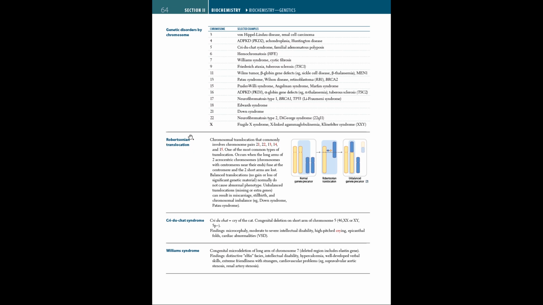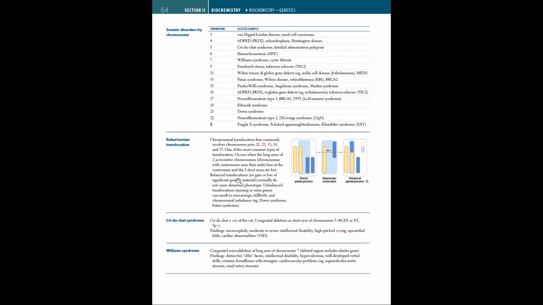Next, we have Robertsonian translocation, and this is the chromosome translocation that commonly involves chromosome pairs 21, 22, 13, 14, and 15. So 1, 2, 3, 4, 5. One of the most common types of translocation, and occurs when the long arms of two acrocentric chromosomes, so chromosomes with centromeres near their ends, fuse at the centromere and the two short arms are lost, as you can see here.